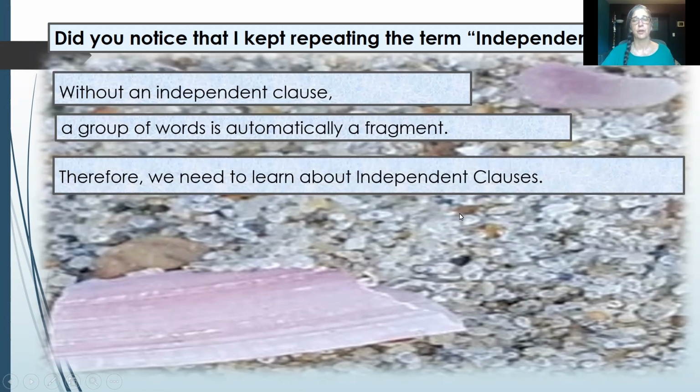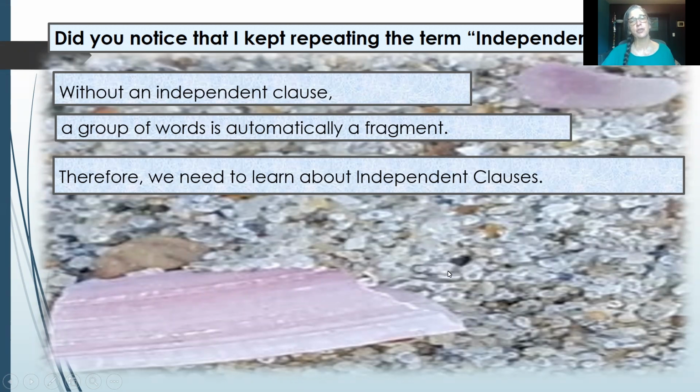Therefore, we need to learn about independent clauses. But before we do, I wanted to share with you the fact that when you are reading literature or professional writing, you may find some sentence fragments. And that doesn't mean that the writer doesn't know what they are doing. Because sometimes in creative writing and professional writing, it is a good stylistic choice to use sentence fragments.